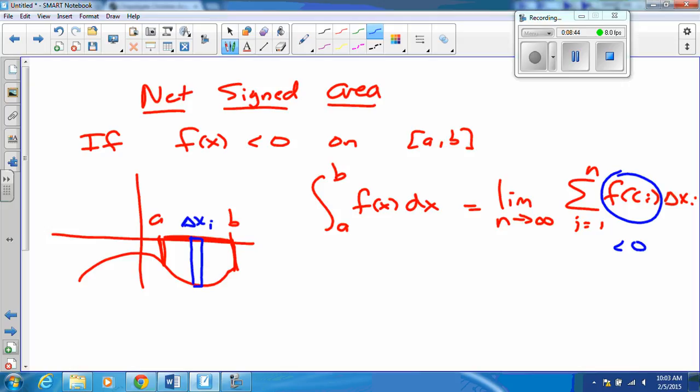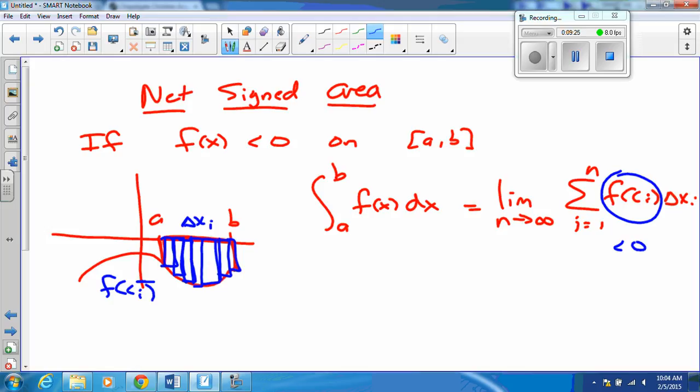If I draw myself a representative rectangle here, here's delta x_i, and here's f(c_i), I can see that f(c_i) times delta x_i is going to have the size, the value of the area, but it's going to be negative because f is less than 0. And when I add up a bunch of negative terms, I get a sum whose size is equal to the area of that region, but whose sign is less than 0.